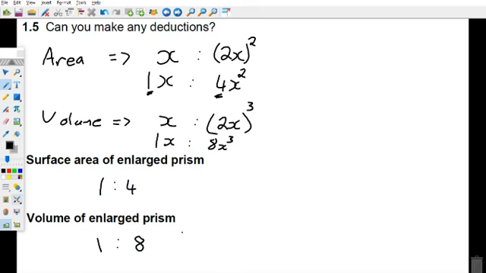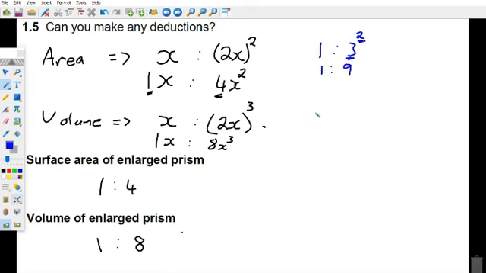If we do a little bit of a segue, if I want to triple my dimensions, what's going to happen? I'm going to have 1, 2, 3, but for area it's squared, so 3 squared. If I triple my dimensions, area is going to be 1 to 9.